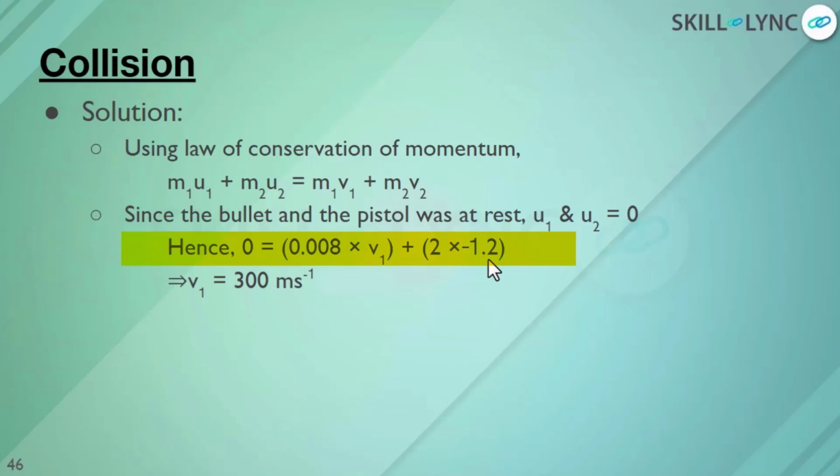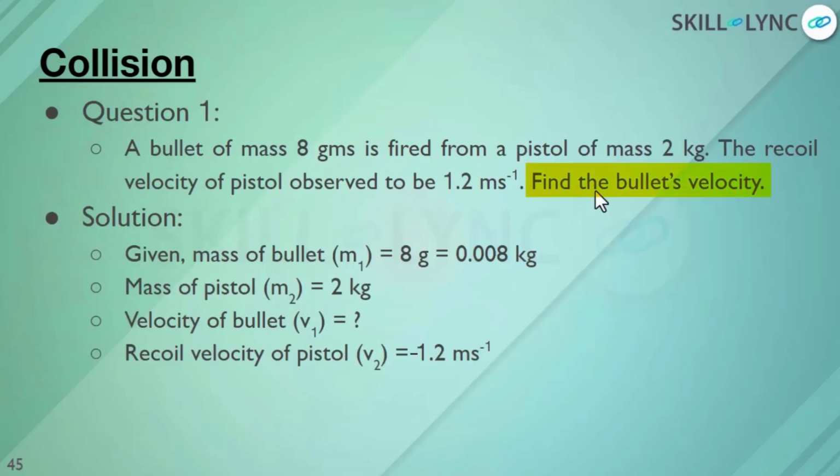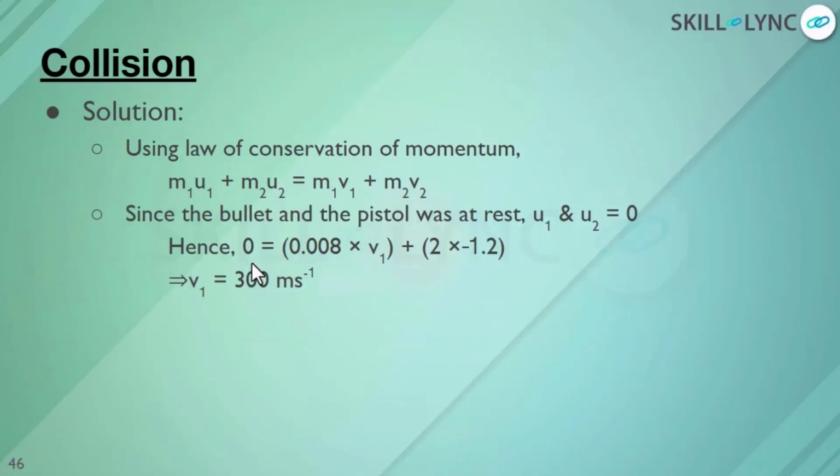By solving this equation, we get the velocity of the bullet equal to 300 meter per second. That is the answer to our question. What was our question? To find the bullet's velocity. We have denoted the velocity of the bullet by v1, and here we can see v1 is equal to 300 meter per second.